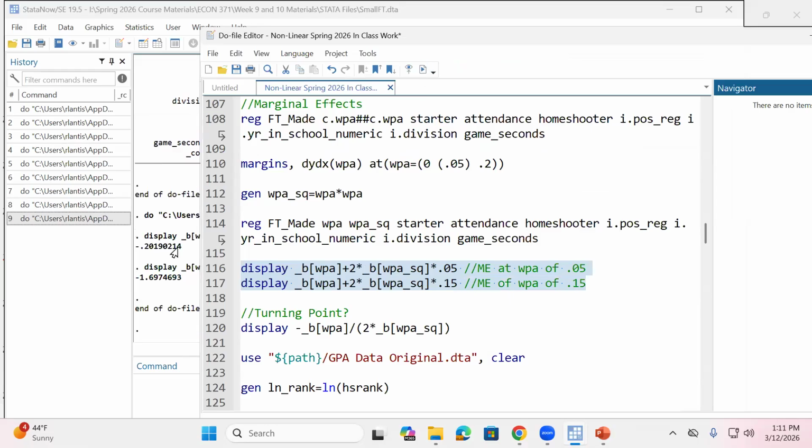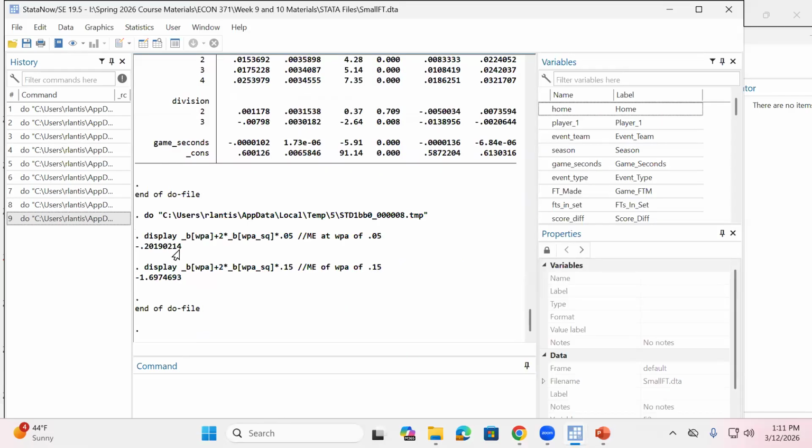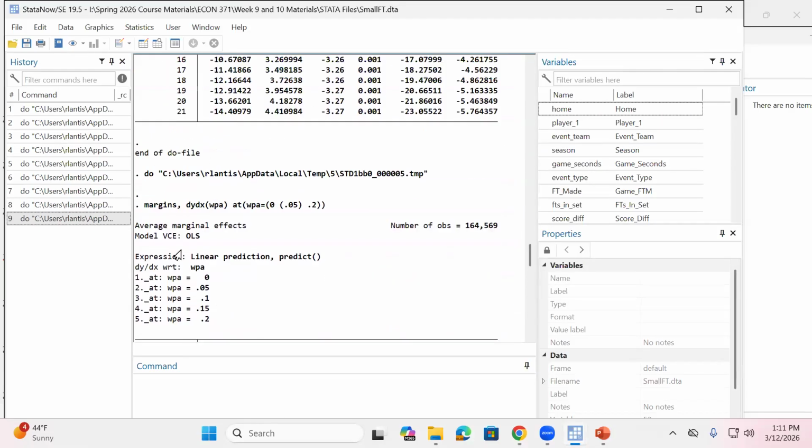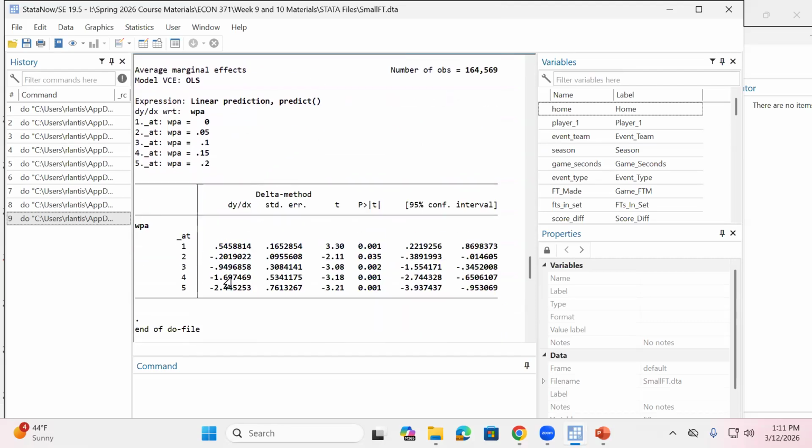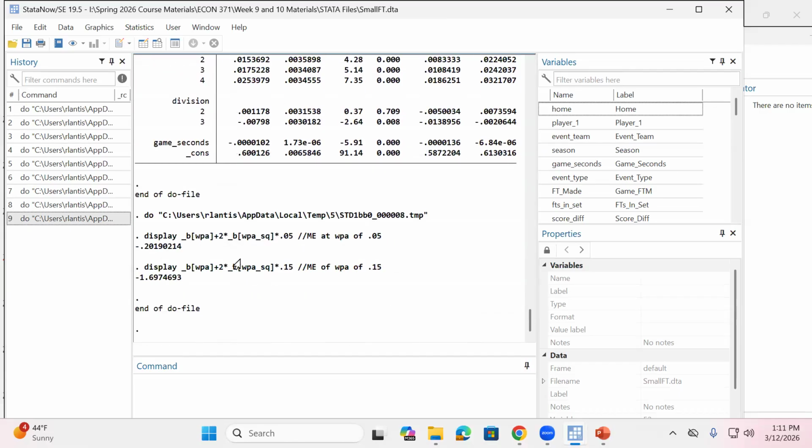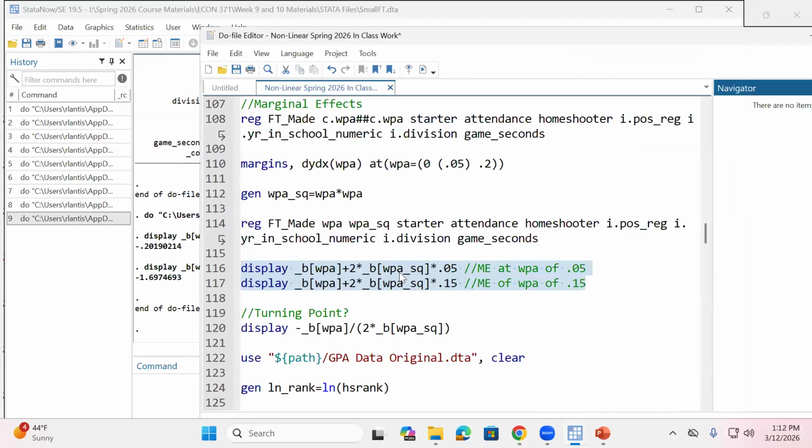So if I run these 2 commands, sure enough, I get negative 0.2, negative 1.7, which were the exact same values I was finding using that margins command. I just think this is a little bit easier to do it this way because I'm really saying, okay, what are the values of it? It's not just telling me at 1, 2, 3, like all these different iterations. And I can grab those coefficients a little bit easier.